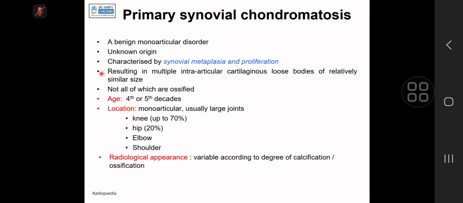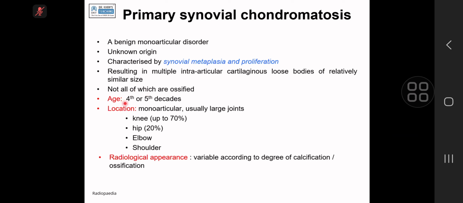In long-standing cases, the signal intensity will be just like bone marrow, and it will be high on T1. Not all of them are ossified. In the case which we saw, it was not ossified, though I did not show you a T1 weighted sequence or a PD weighted non-fat saturated one, but I'll show you subsequently.